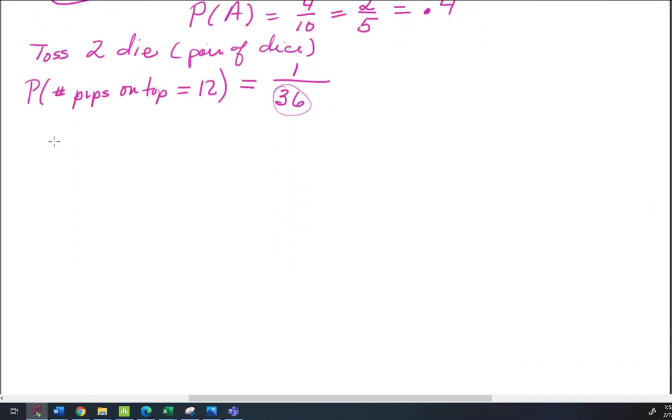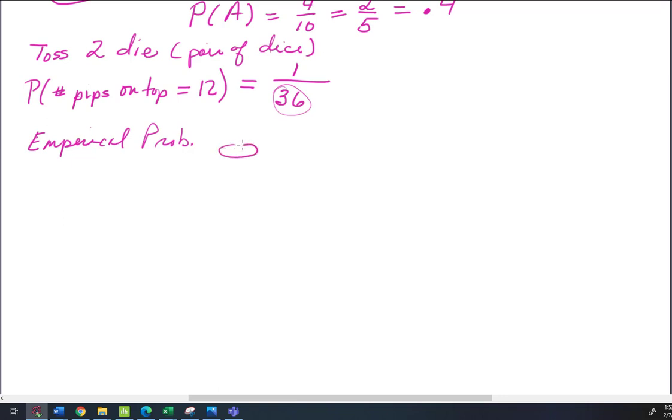Now, there are probability events that we would be interested in that just don't fit that definition. And then we can use a second definition called empirical probability. The classical illustration here would be taking a thumbtack and tossing it.